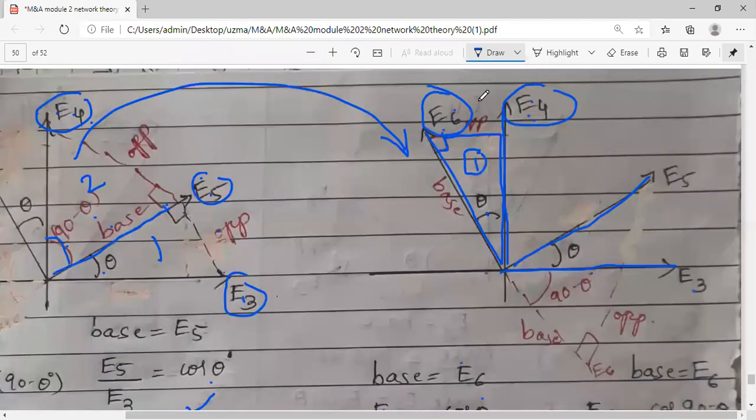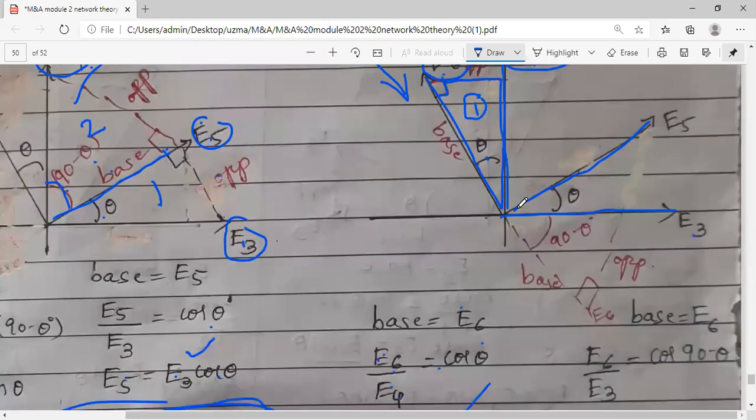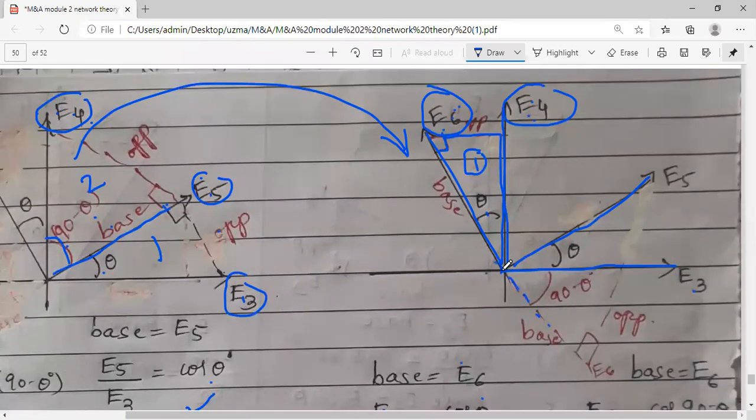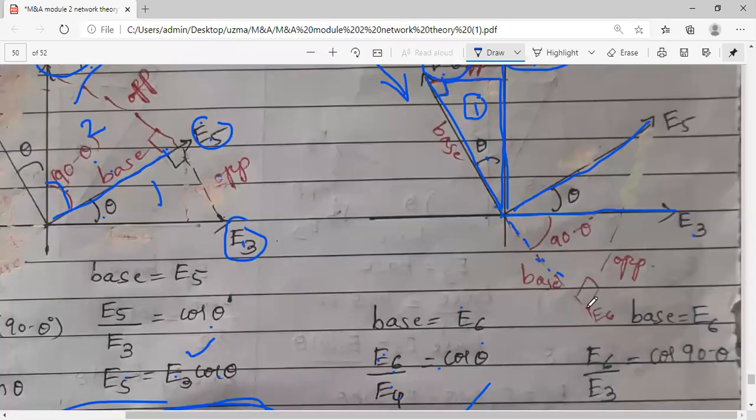Now, I want E6 in terms of E3. There is no such connection here in the figure. What I will do is extend this line below. This is E6. I am dragging the E6 line in the opposite direction. So now I can do something here with this line and this line. I will make a triangle here. This unknown value E6 is your base.